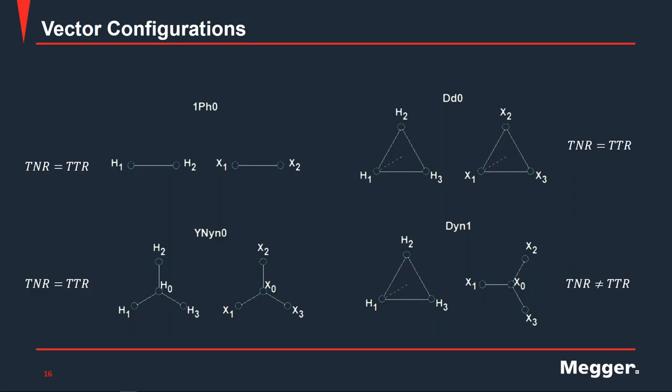So for a delta-delta configuration, TNR and TTR would be the exact same thing. That's how you determine the transformer nameplate ratio for a delta-delta configuration.